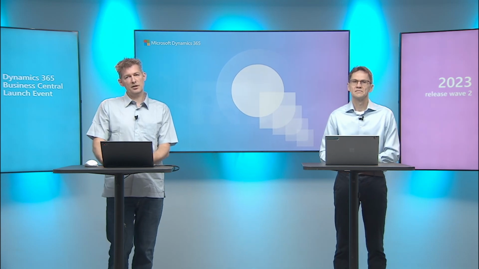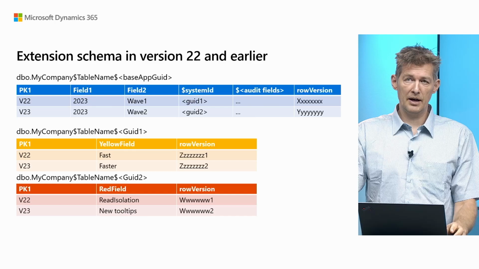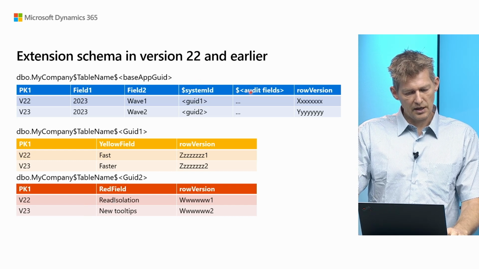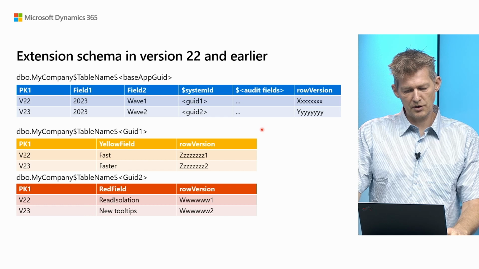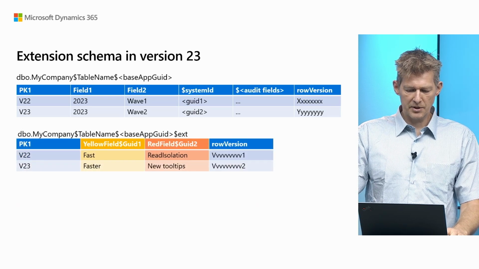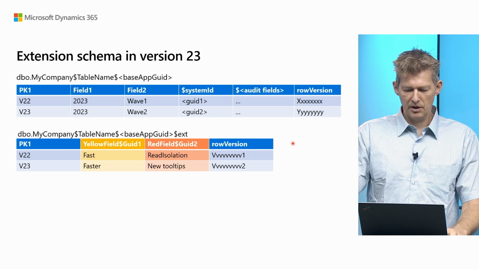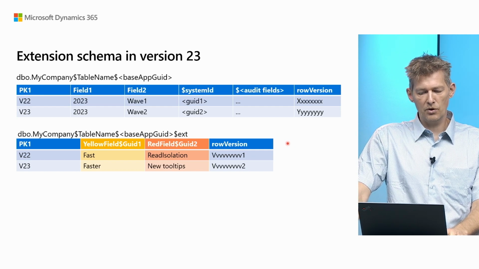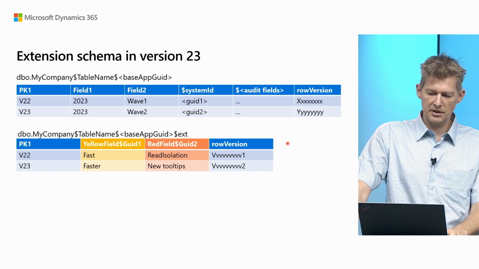So this is how the tables look prior and now in version 22. You see here in version 22 that you have the base table, and then for each of the table extensions you would have their own table. Now in the new schema, we simply have the base table, and then we have one companion table that stores all the fields from each table extension.